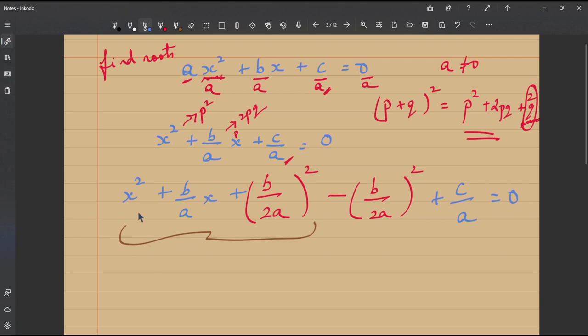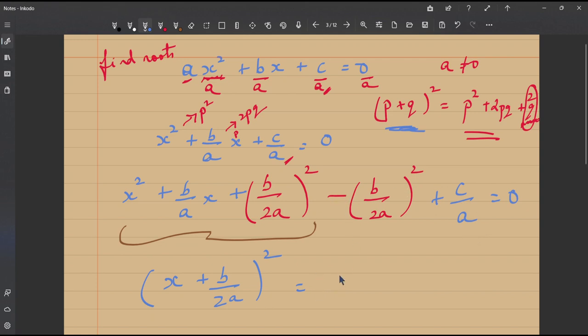Right? Now these 3 terms are in this form. So it becomes (x plus b by 2a) the whole square. We have completed the square. It is equal to, let us shift the constants to the right hand side of the equation. Our main purpose is what? To isolate x, isn't it? Shift the constants.